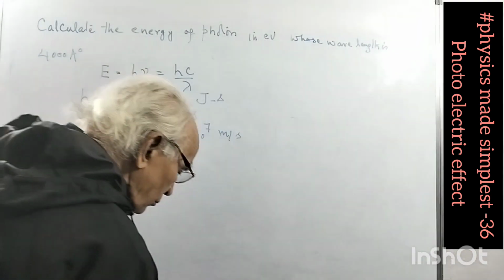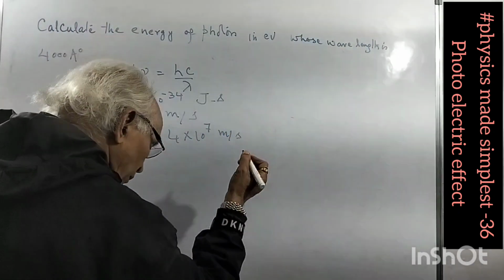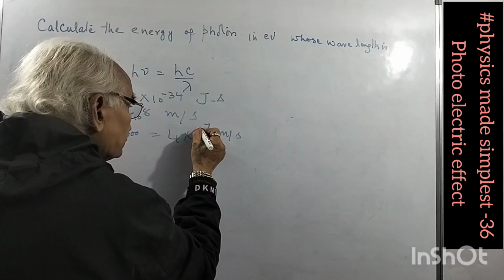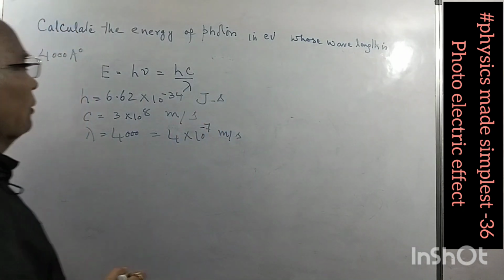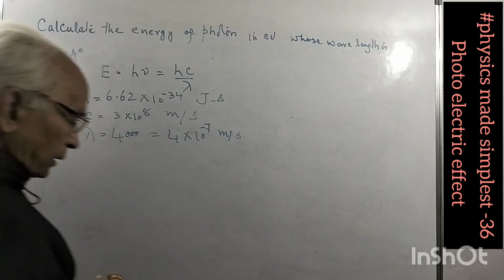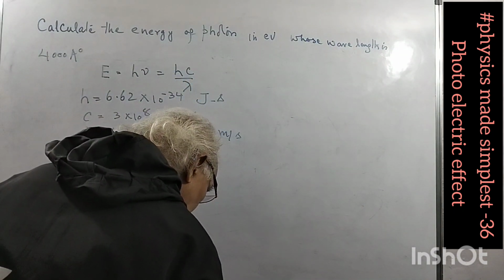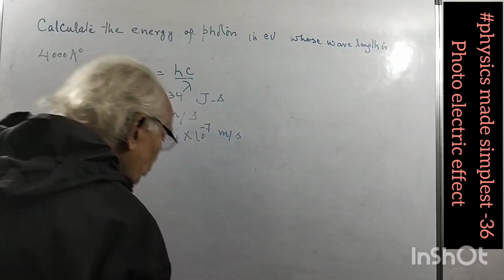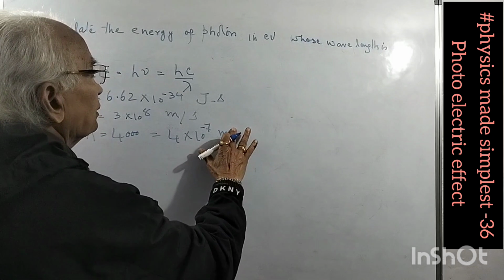Angstrom means 10 to the power minus 10 meters. So lambda, 4000 angstrom, means 4 into 10 to the power minus 7 meters.